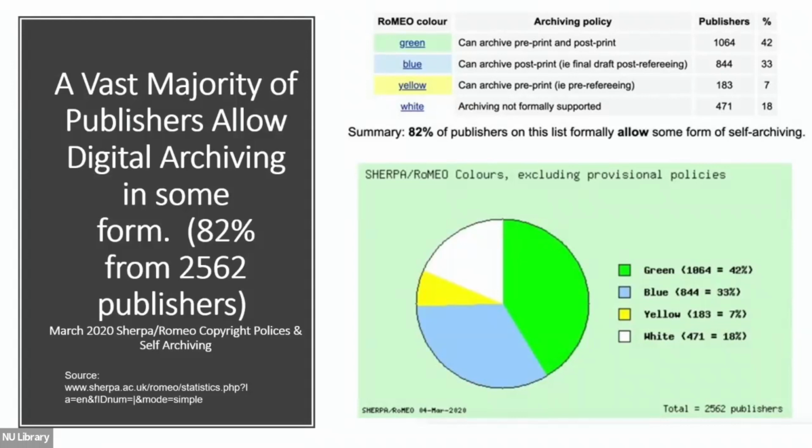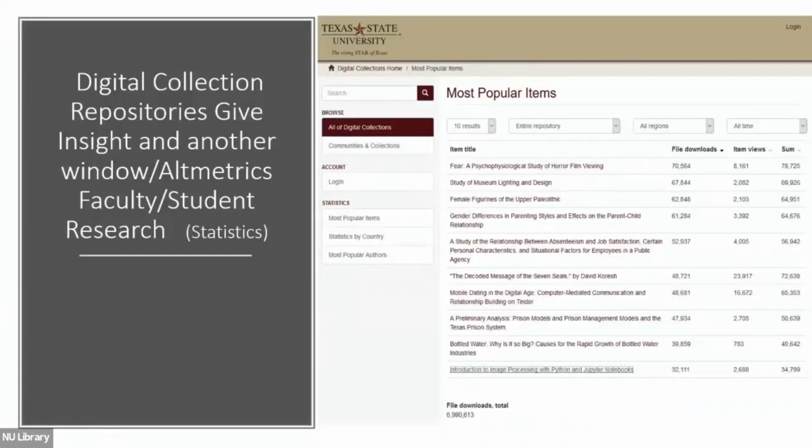In 2020, 82% of 2,562 publishers were open to these types of ideas. There are other reasons why you may want a digital collections repository. It shows what research is most importantly being retrieved from your collections.